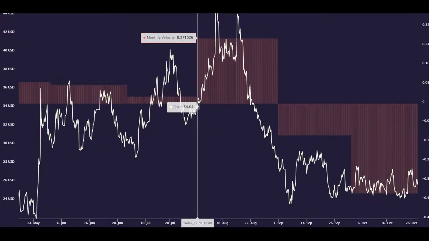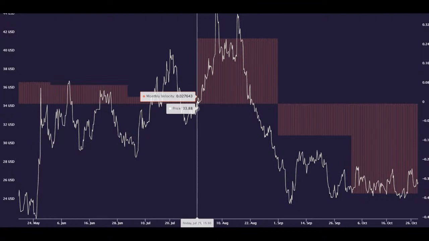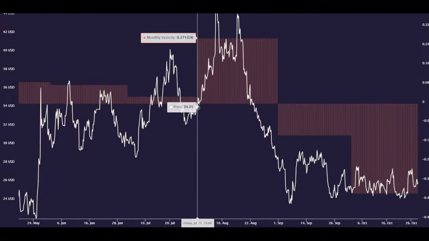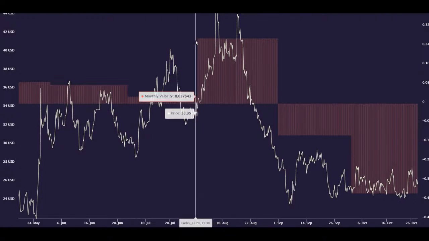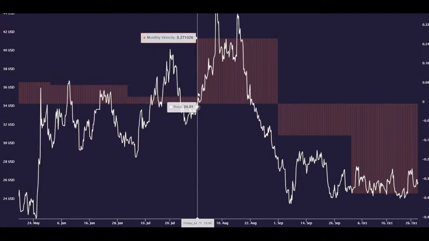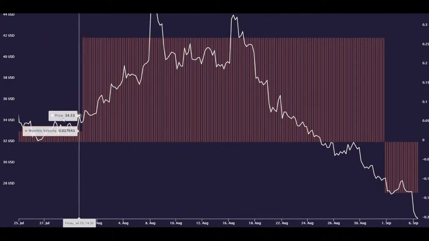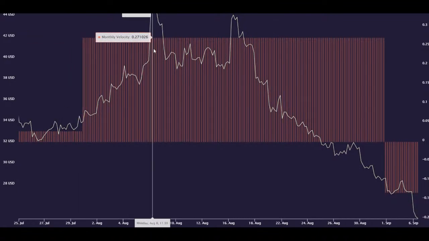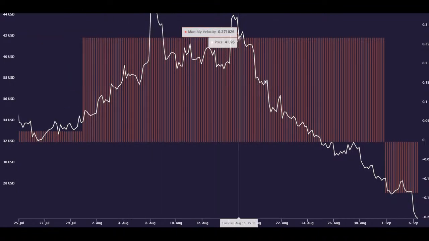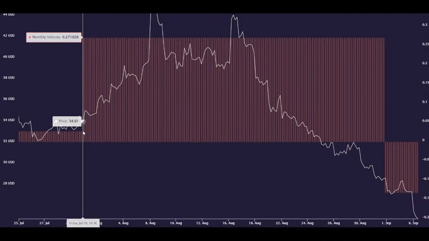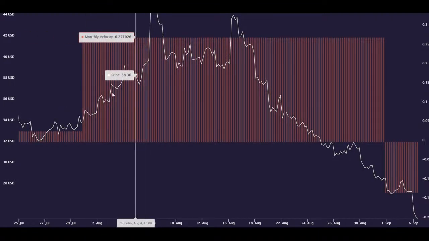Now, when this month started, so this is July 28th. This is July 29th. On August 1st, Nimoy already predicted a monstrous monthly velocity print. This was on August 1st, okay? So before this run-up from 24 to 30 to 47 happened in this month, on August 1st, Nimoy already predicted that this month had really high monthly velocity.